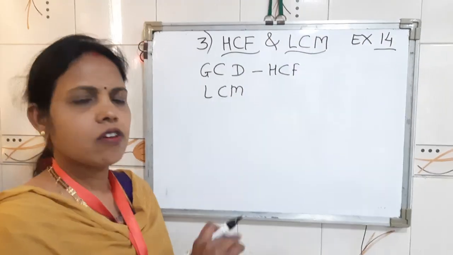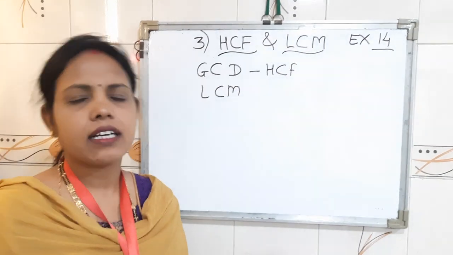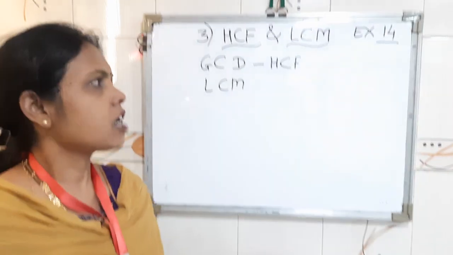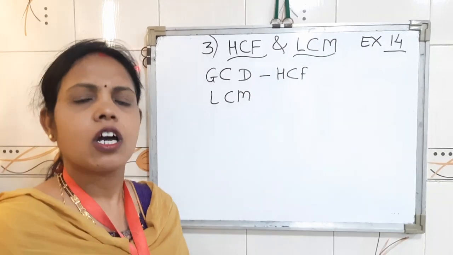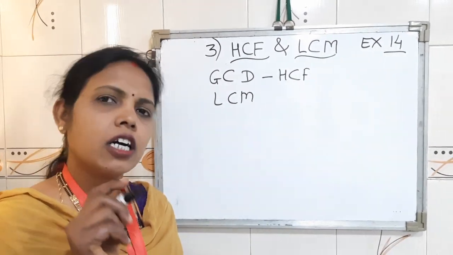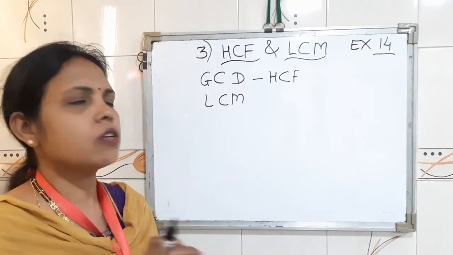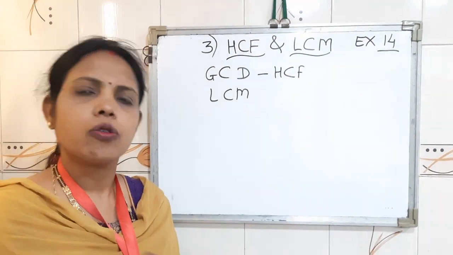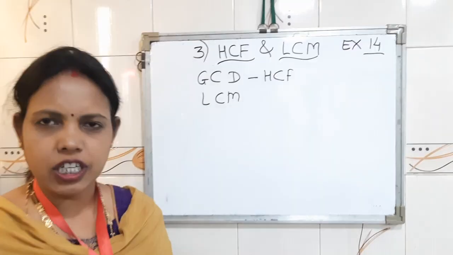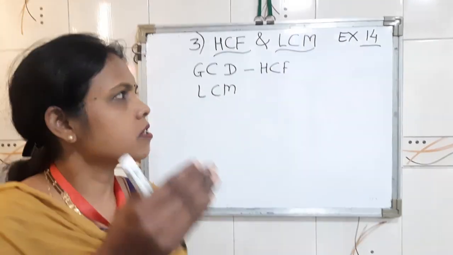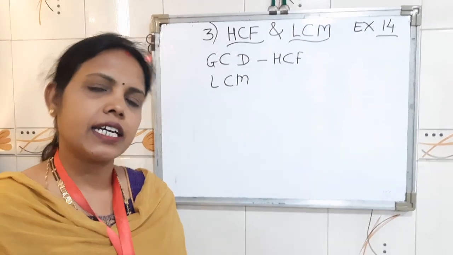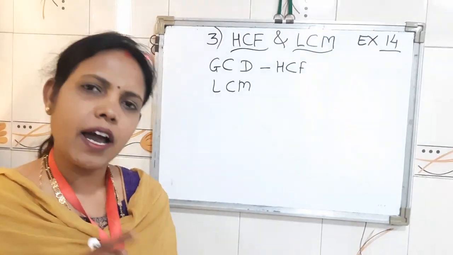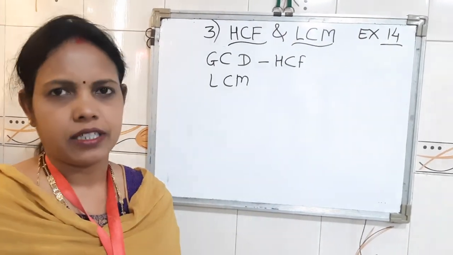GCD or HCF and LCM we had completed. Related to HCF and LCM we had also completed the reduced form of the given number. Today in exercise 14, there are mixed sums related to HCF, LCM and the reduced form. One by one we are going to complete them.